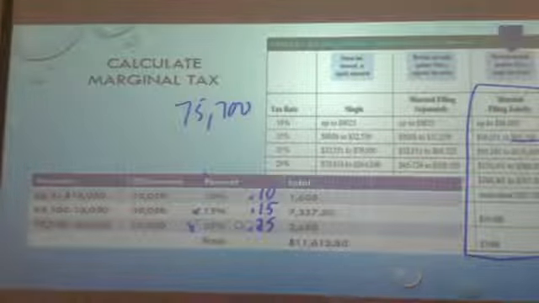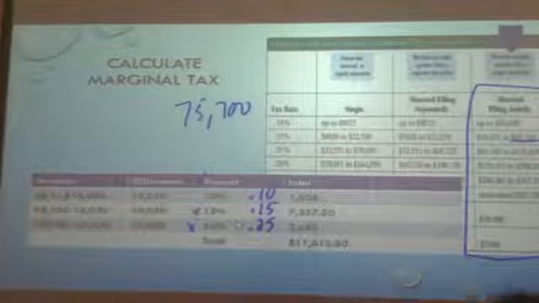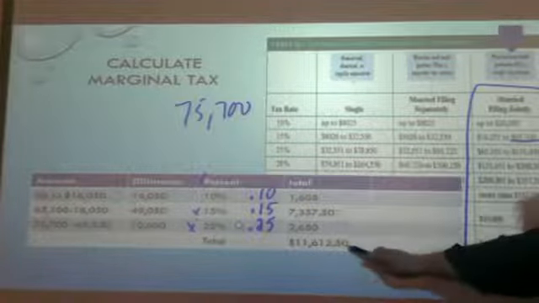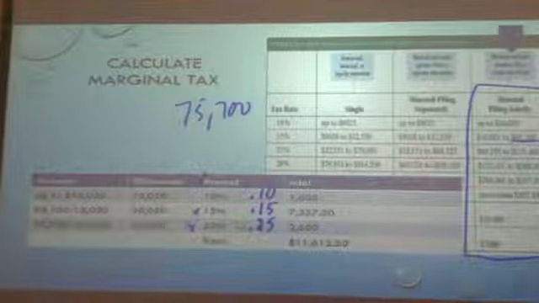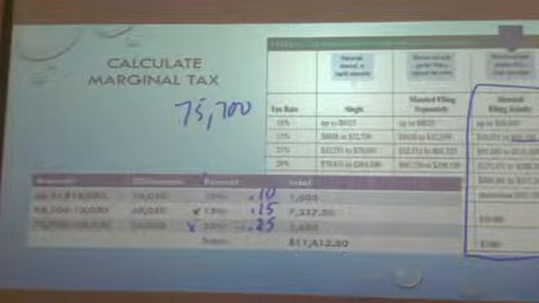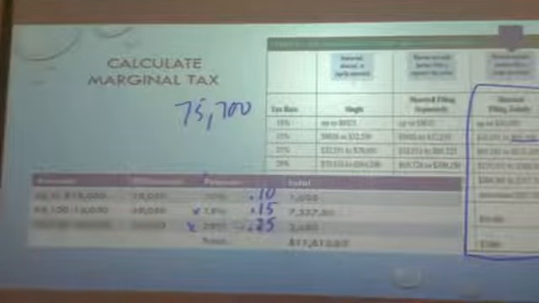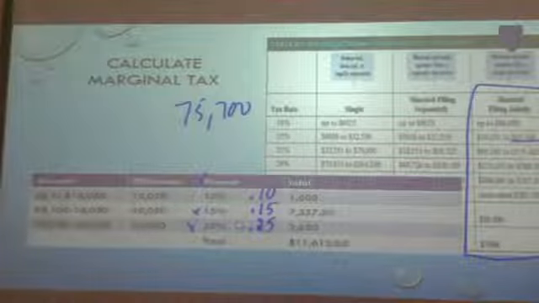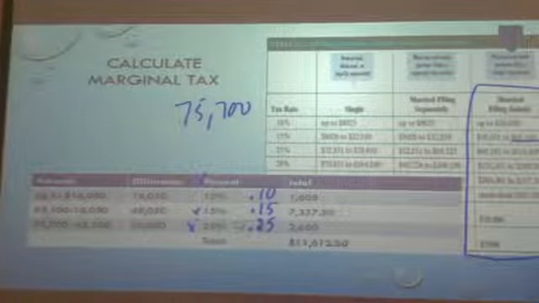To get the total taxes that they have to pay, you add all those amounts and you end up with $11,612.50. So each amount that you make gets taxed at a different percent. If you don't make up above $16,000 for your taxable income, you only pay 10%, and every group goes up from there.